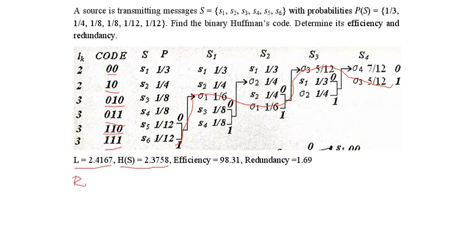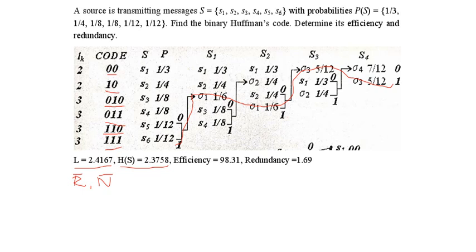It can be L bar, or n bar also is given somewhere. Anything you can take for computing average code word length. And finally efficiency is nothing but H(S) by this average code word length. So 2.3758 divided by 2.4167, you will get 0.9831.